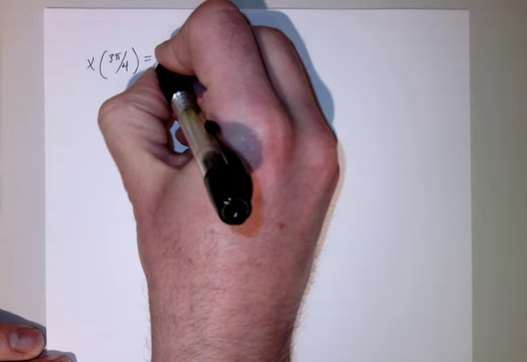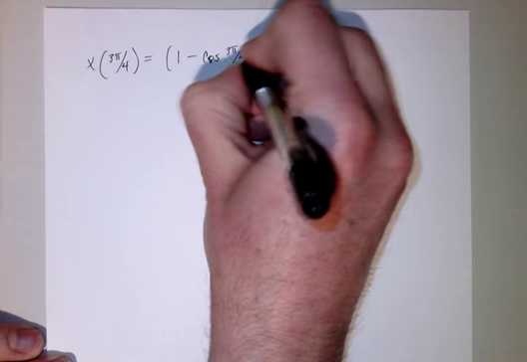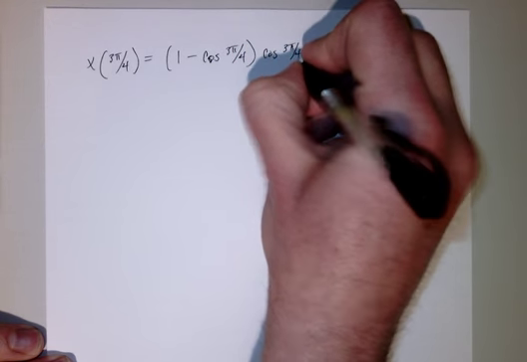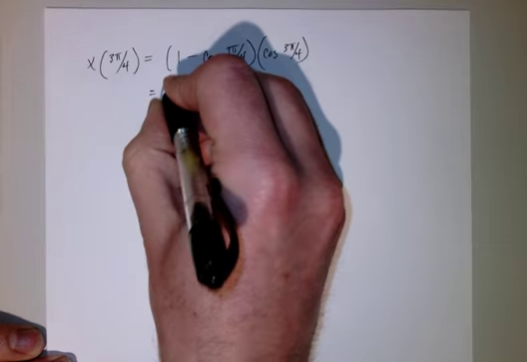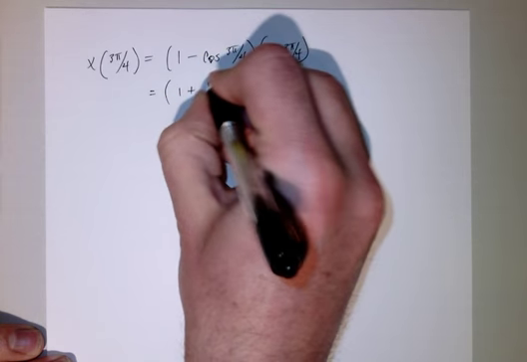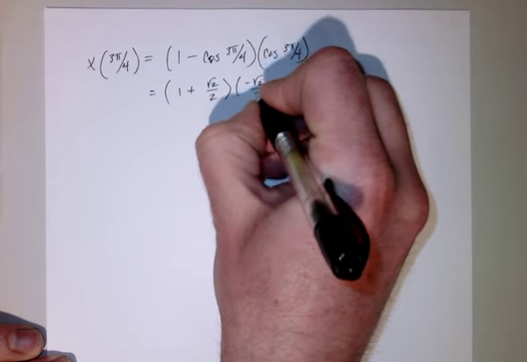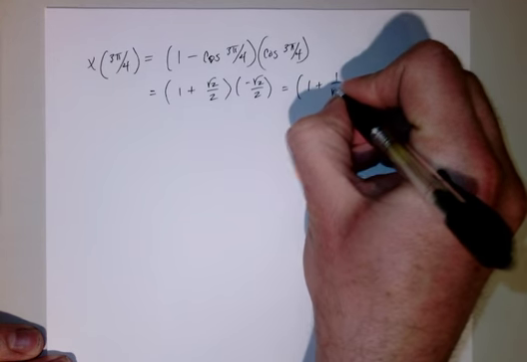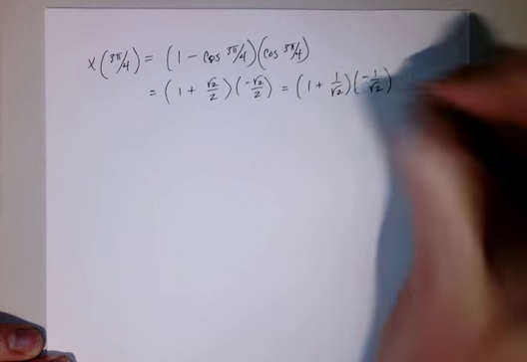And that winds up being, and we're going to do it in the factored form, 1 minus cosine 3 pi over 4 times cosine 3 pi over 4. Now remember, cosine in the second quadrant is negative, so that's 1 plus root 2 over 2 times negative root 2 over 2, or actually probably better to do 1 over root 2, sort of unsimplify it.